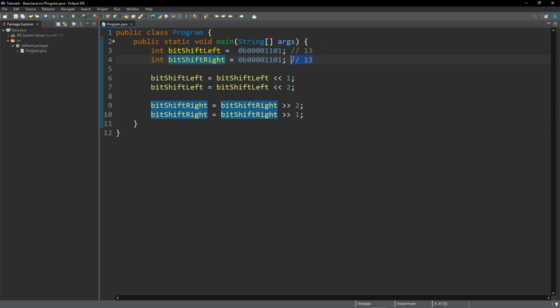Okay, both of them are 13. So let's take a look at this one. We shift the bits to the left by 1. Now we can shorthand this by saying this. This will do the same exact thing. In fact, let's just do that. To the left.